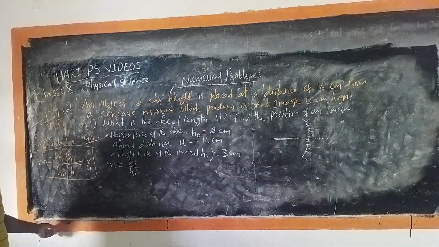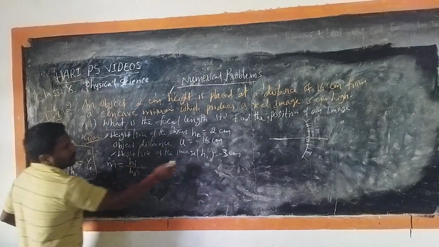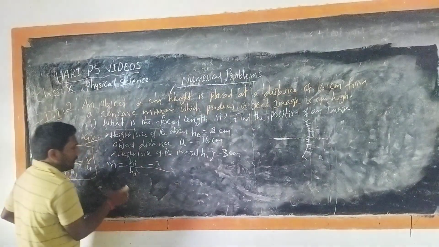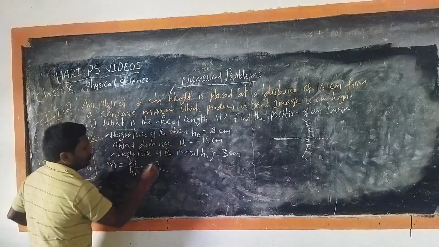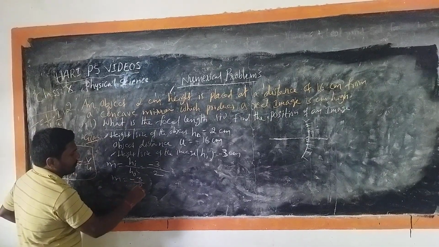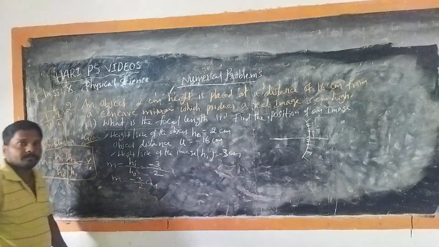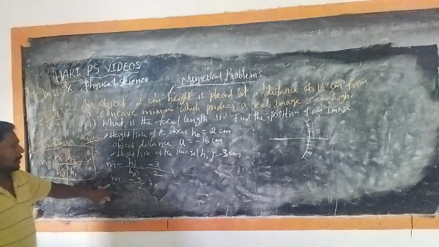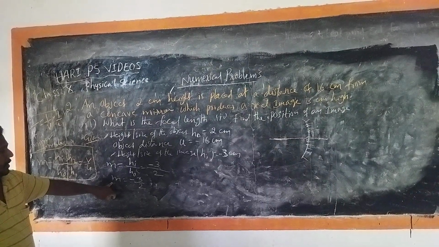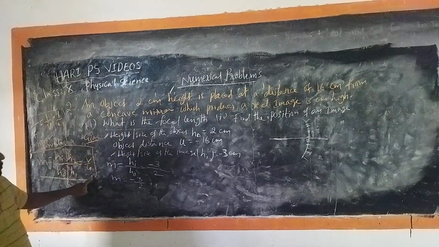Substitute image height minus 3 centimeters by size of the object 2. So magnification m is equal to minus 3 by 2. What is the one more relationship here? m equal to hi by ho, that is equal to minus v by u.